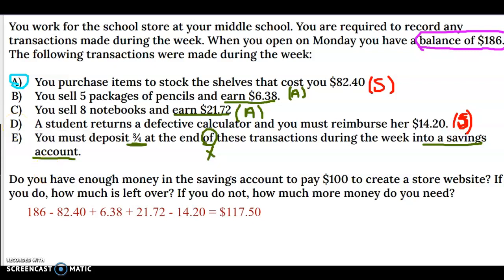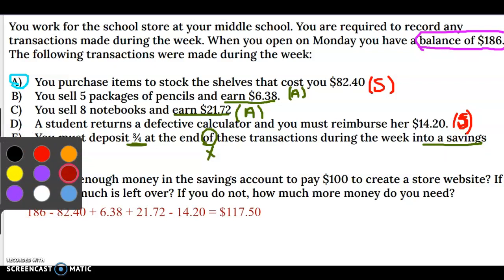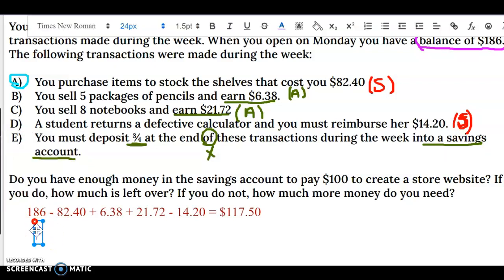So I'm going to go ahead and open up a new text box. I'm going to use a different color just so it's a little bit easier to see. And I'm going to go ahead and put 117.50, and I'm going to multiply that. So I'm going to use parentheses by 3/4.